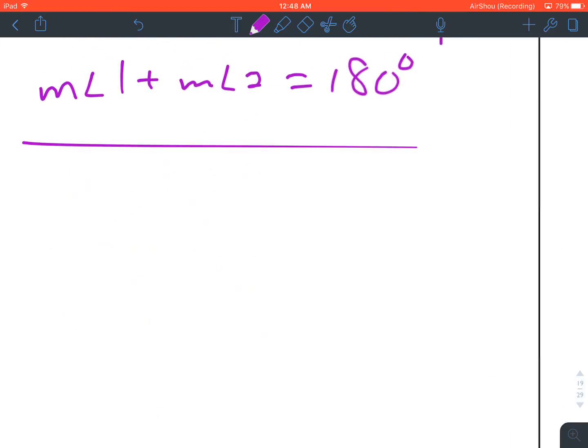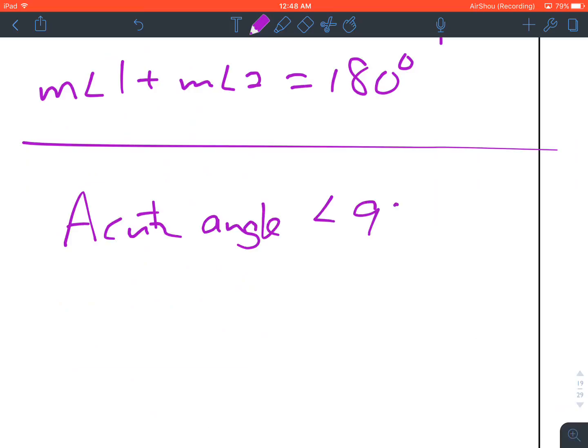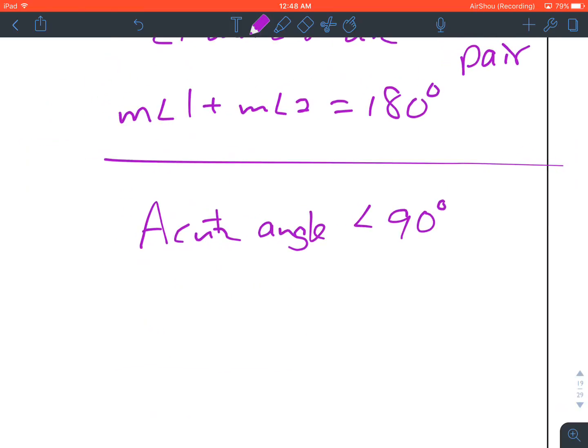An acute angle. So we had a right angle. It's exactly 90 degrees. An acute angle is less than 90 degrees, but also greater than 0. Acute angle is less than 90 and greater than 0.